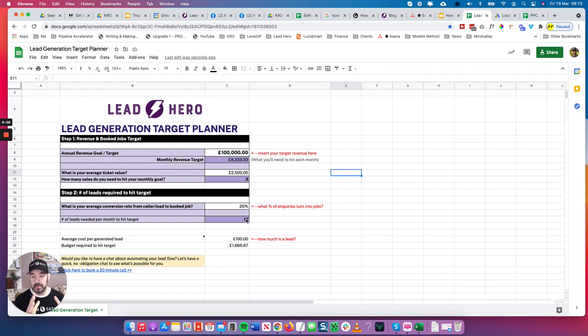Now, once you've calculated you need 17 leads, all you need to do is estimate your cost per lead. So if you plug in here £100 per lead, some of you might think that's expensive. Actually, it's not. If you take Boiler Guide, for example, and you're paying £30 per lead, right, but you're sharing those leads with 2 other people.